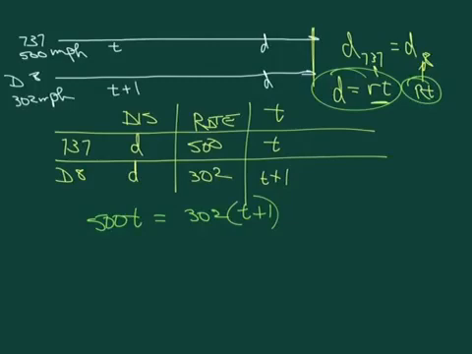Okay, we're going to say that they're equal to each other because this is distance and this is distance. RT is the same as distance, and the distances are the same, so our RTs are the same. And then you just do the math to figure out what t is. But this is the general formula. Once you get that formula, you should be able to do fine and figure it out from there because you'll find the time. And the time is going to be a little more than an hour and a half.